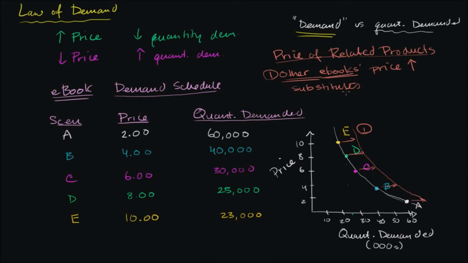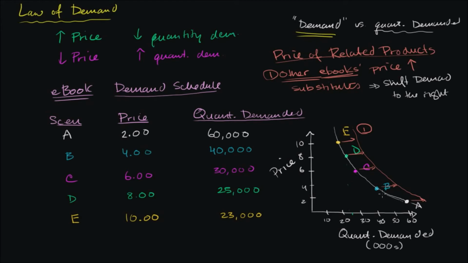So this is actually changing our demand. It's changing our whole relationship. So it's shifting demand to the right. Let me write that. So this is going to shift demand, the entire relationship, to the right. I really want to make sure you have this point clear. When we hold everything else equal, we're moving along a given demand curve.